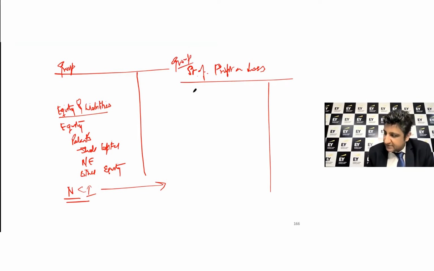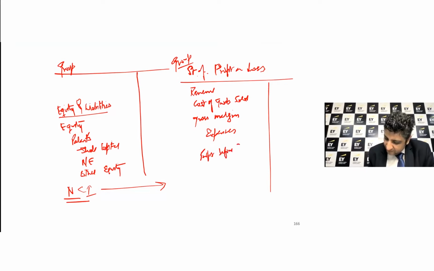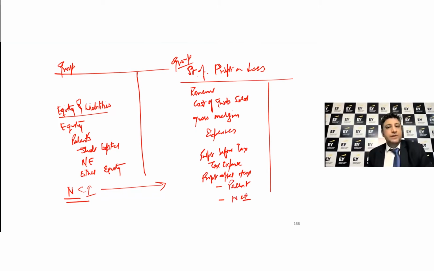Just to clarify, we have the revenue of the group, the cost of goods sold, for example, the gross margin, and then we have expenses, profit before tax, then tax expense, and then of course profit after tax, within which we want to split how much relates to the parent and how much pertains to the non-controlling interest. Similarly, for the OCI also, we do a similar split.